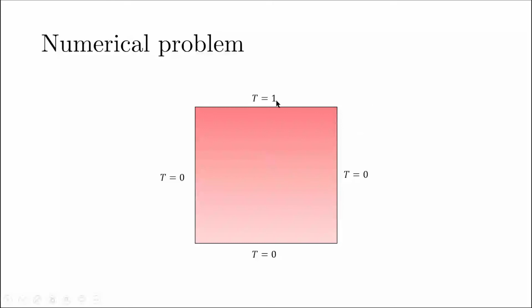And if you want to say that the temperature of the top boundary is 1, remember that this is like a row. So you can simply write that T of 0 comma colon. So 0 represents the first row, the colon represents all columns, equals 1. So this is the kind of initialization that you can do for this problem, and then you can use the discretized equation that I have shown on the previous slide.